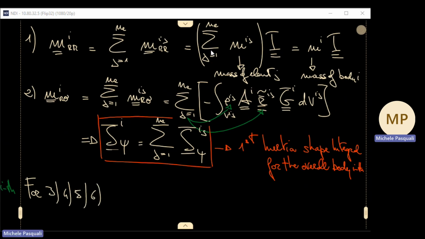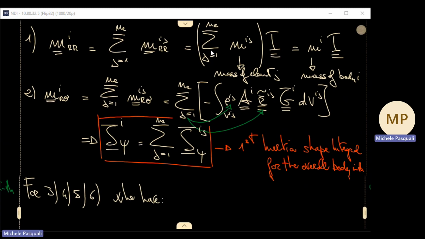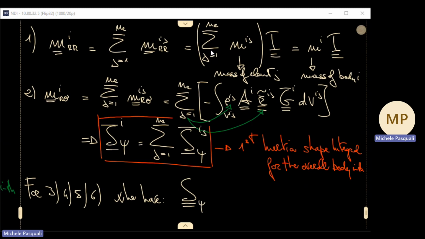That's to say, for all the other submatrices, we have that S, C, C, I, always KL, is just the sum, again, of J from 1 to N E of S, Ij, C, CKL. So these are the additional 6 inertia shape integrals.